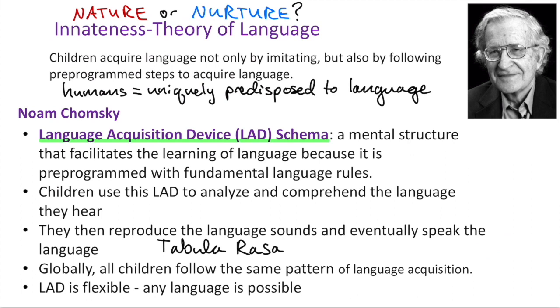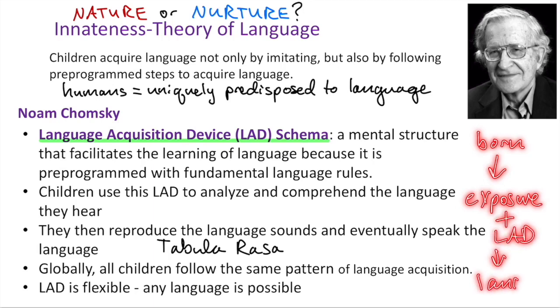So all children around the world, and this goes back to universalism, follow the same pattern. They are born not knowing any language, that whole tabula rasa, and then they pick up whatever language or languages to which they are exposed. Because this language acquisition device is very flexible.